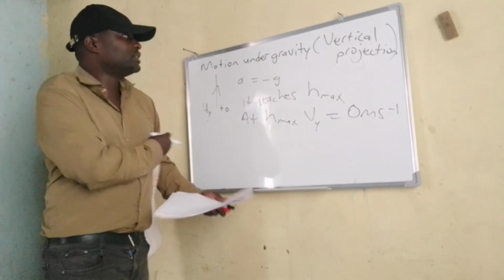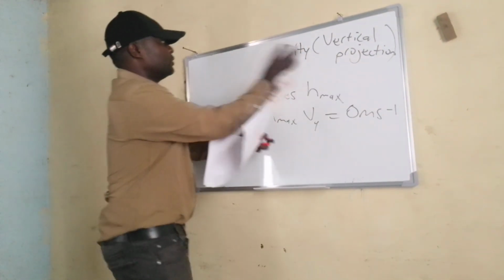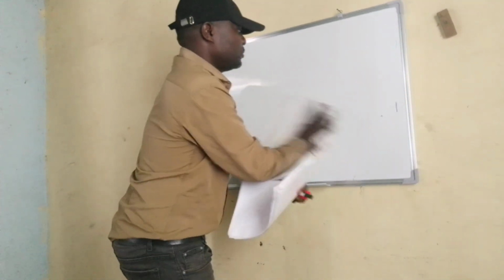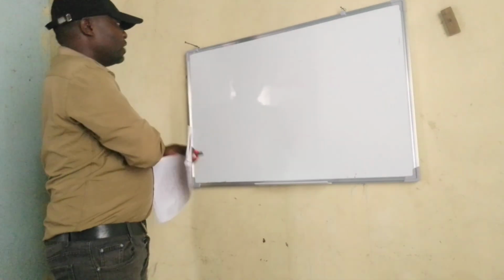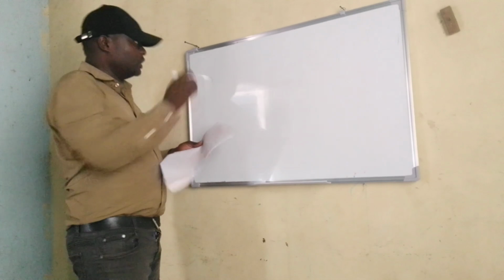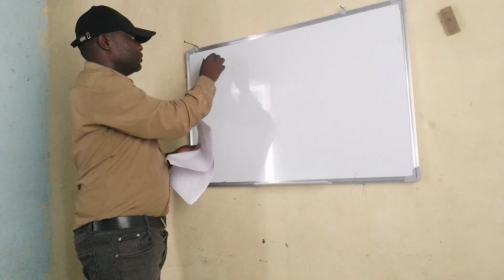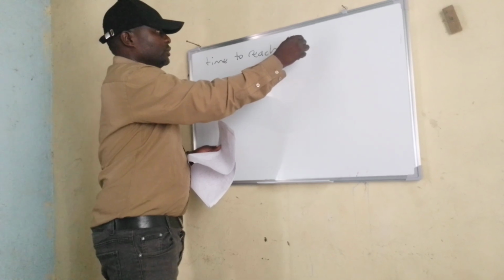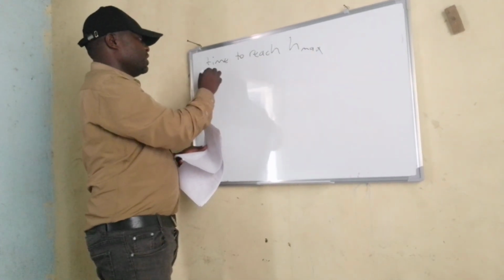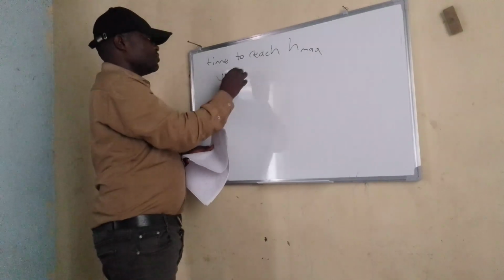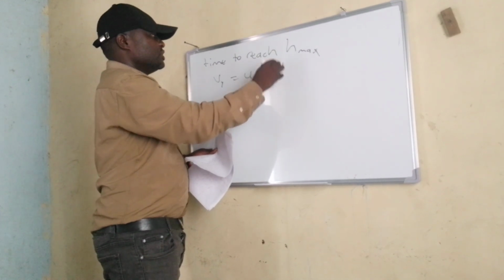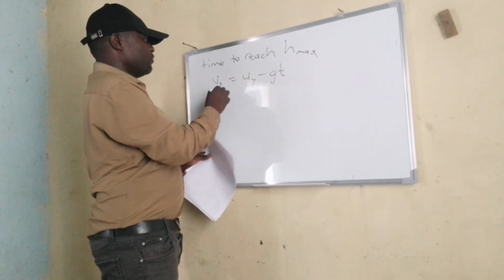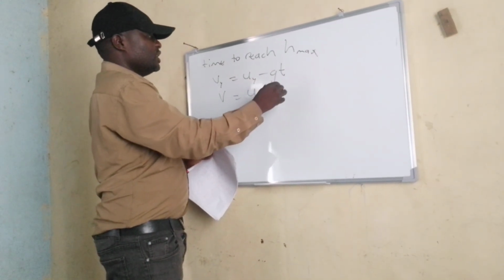So we're going to calculate the time to reach maximum height. We're saying Vy is equal to ui minus gt. This is from v is equal to u plus at.